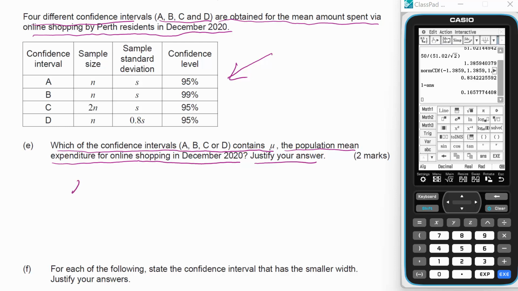Well, mu is unknown. There's no guarantee that any confidence interval will contain the mean.